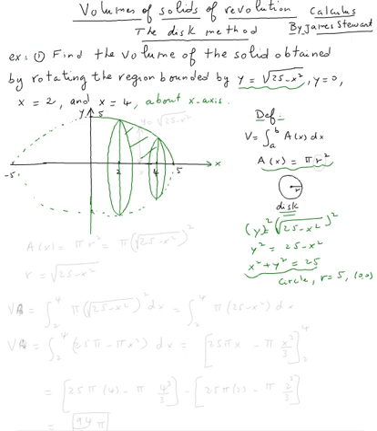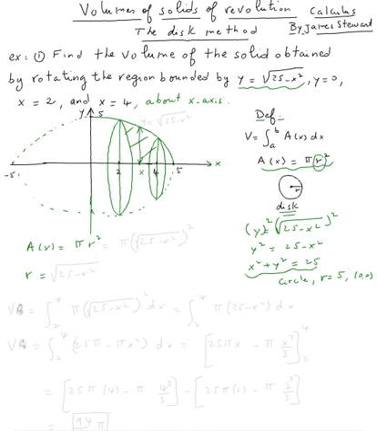So again, if we're looking for the volume, we need to know what A(x) is. The most important thing is to find the radius, because we know A(x) is equal to pi times the radius squared. If we cut through an x here, the radius of the disk we're going to get will be from here to here, right?